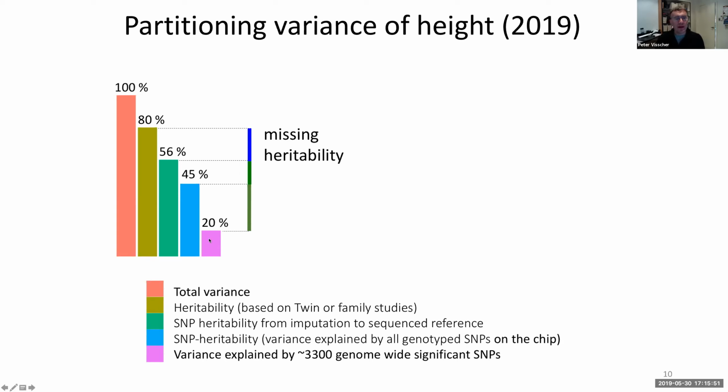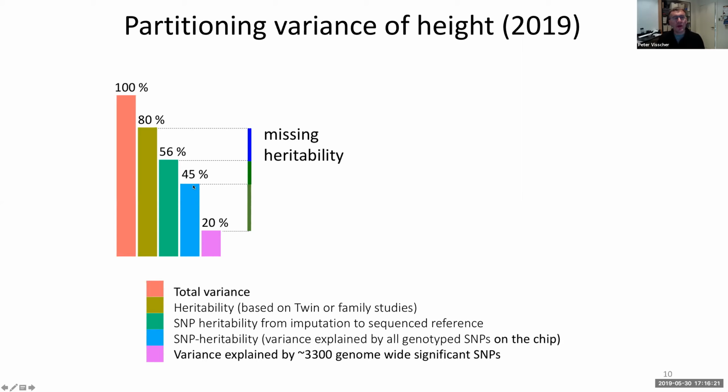When we look at the genome-wide significant variants detected today, these are the robustly associated variants for height, just over 3,000 of those in the publication last year in Human Molecular Genetics. And they together explain roughly 20% of total phenotypic variation, so a quarter of the genetic variance.